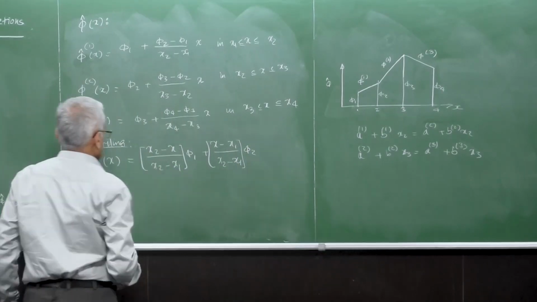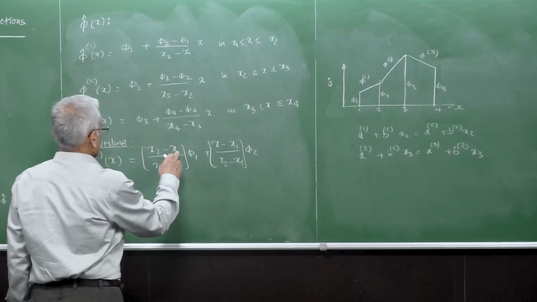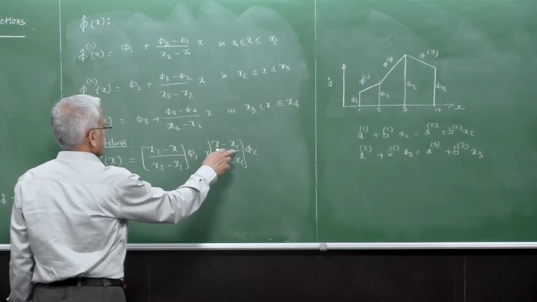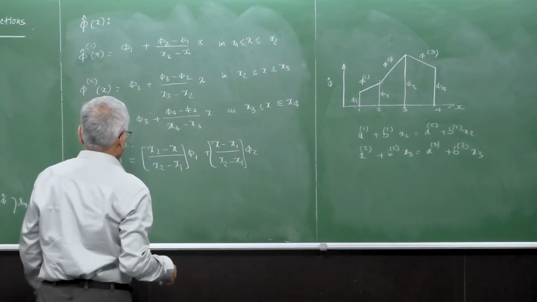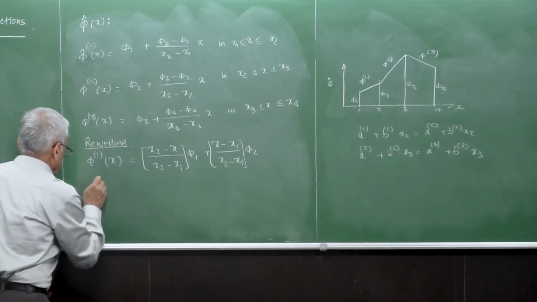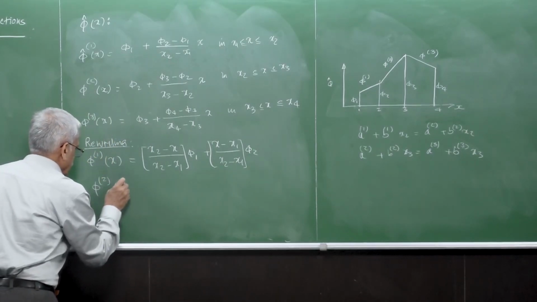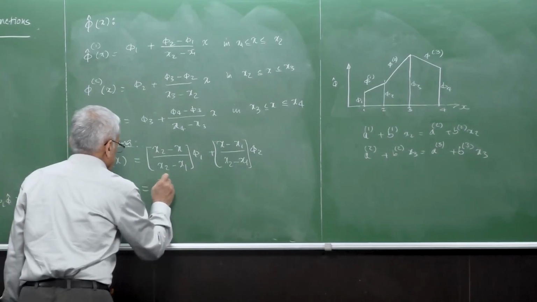So obviously at x is equal to x1, this part turns out to be 0 and only this one turns out to be 1, leaving only phi1. So similarly in the zone 2, we have exactly the same thing.